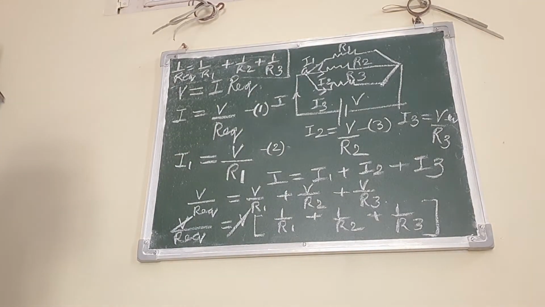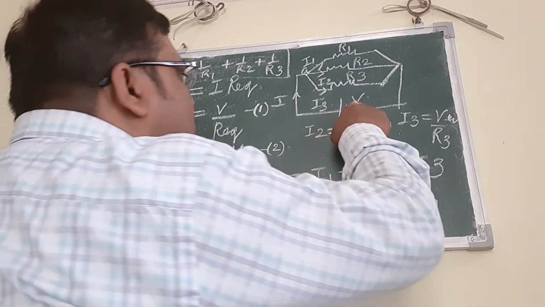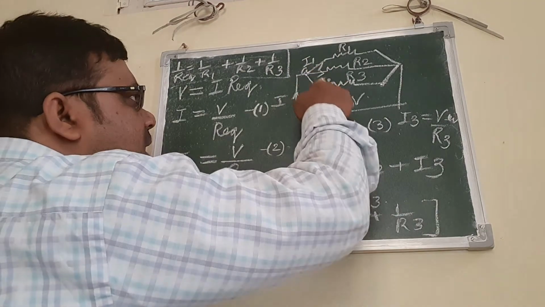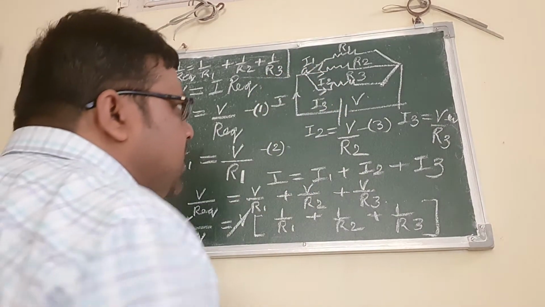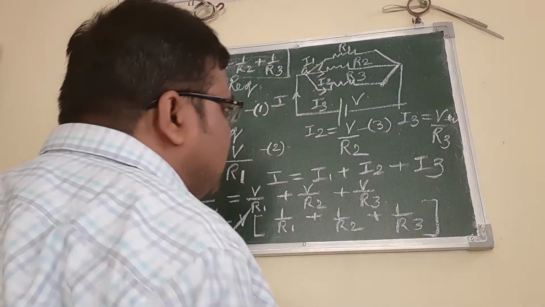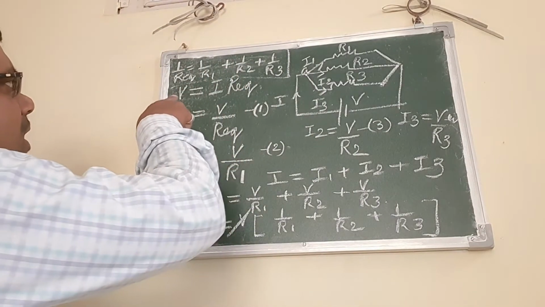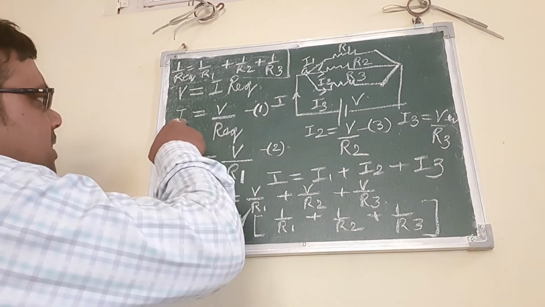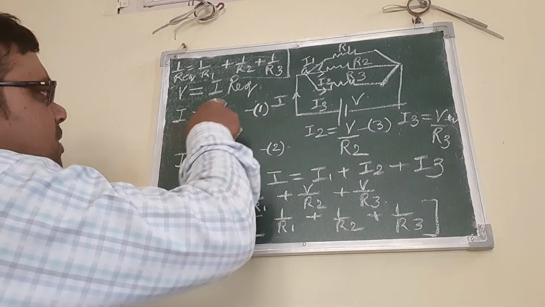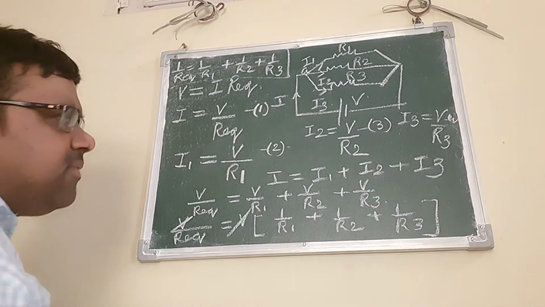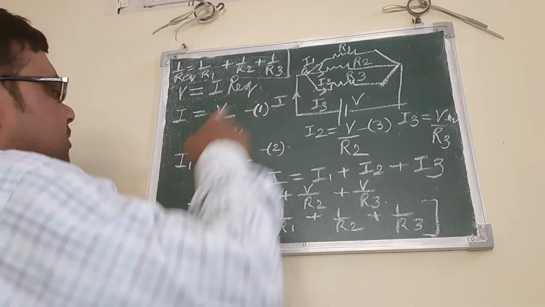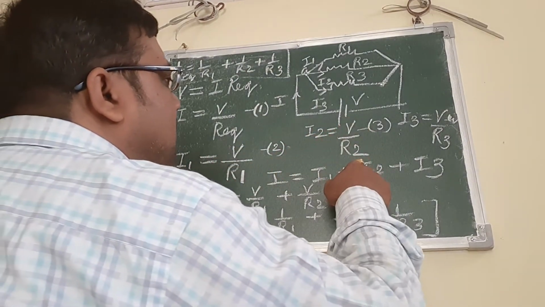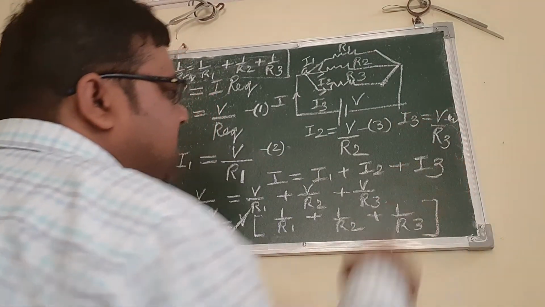So this is our circuit. This is the voltage. R1, R2, R3 are the resistances. I1, I2, I3 are the currents flowing, and I is the total current flowing through this. According to Ohm's law, V is equal to I times R equivalent. We can arrange it and write I is equal to V upon R equivalent. This is our first equation. Similarly, I1 equal to V upon R1, I2 equal to V upon R2, I3 equal to V upon R3.